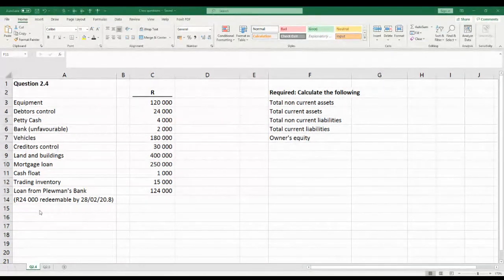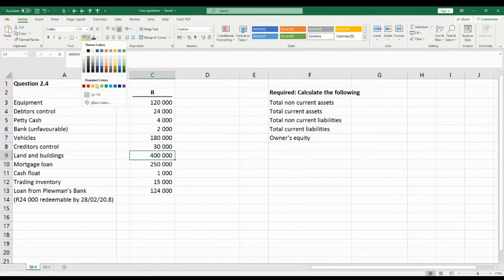So just to recap, non-current is something where you would receive income from it or use it for more than 12 months. Okay, so Michaela says land and buildings. Let's highlight that green.